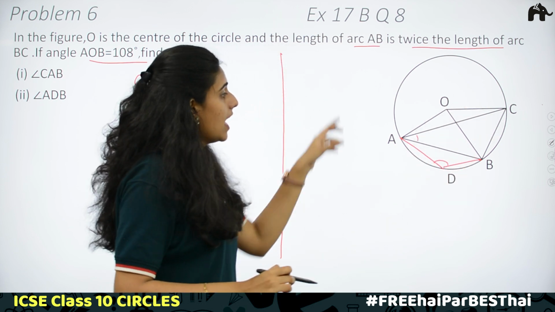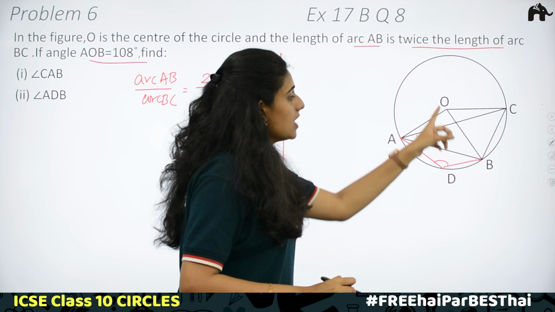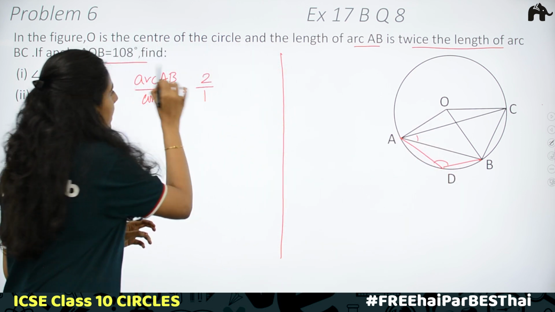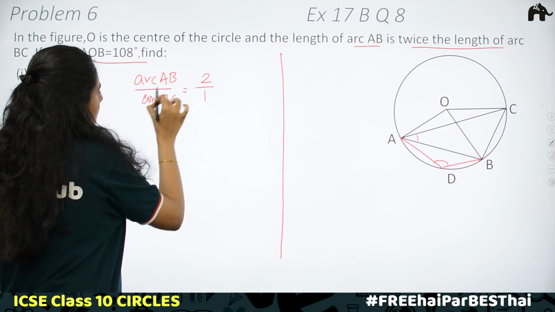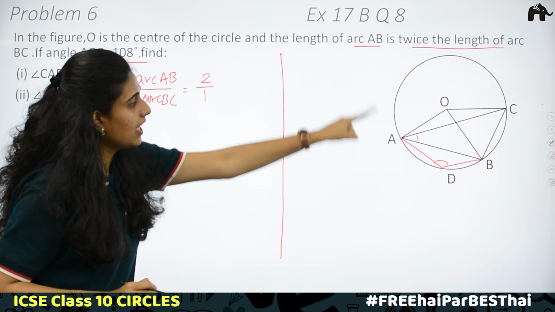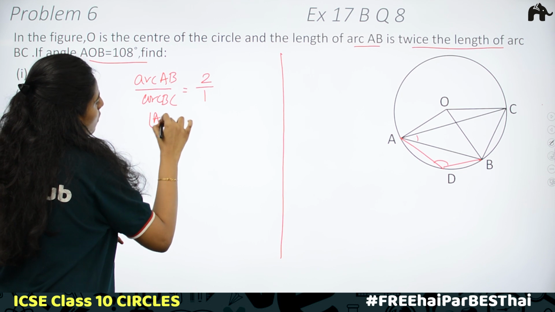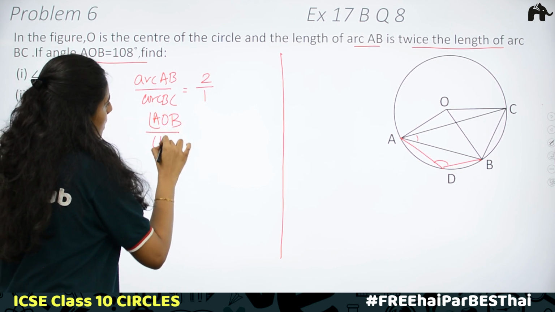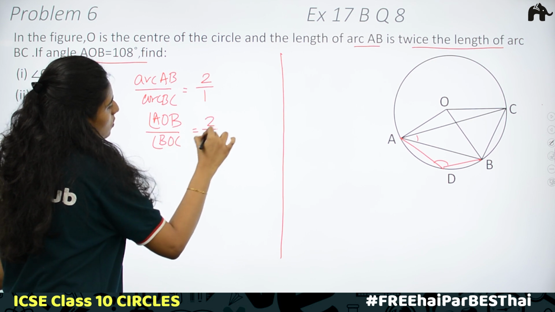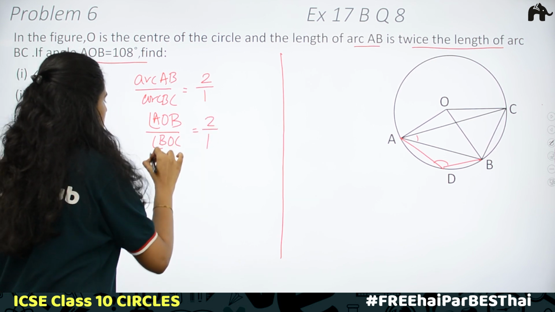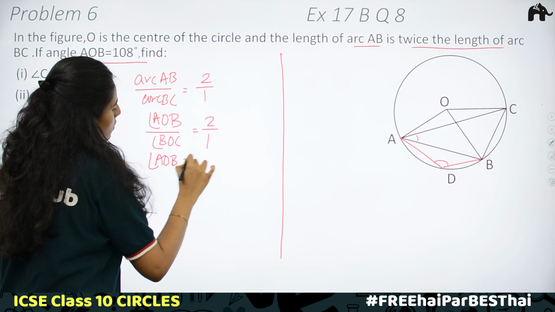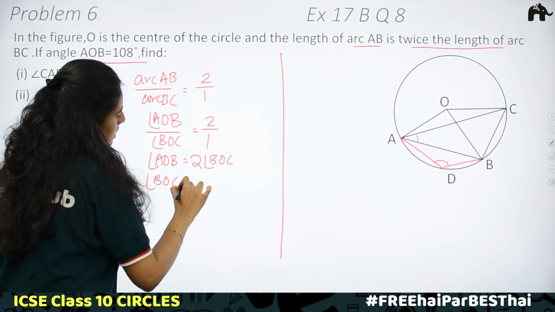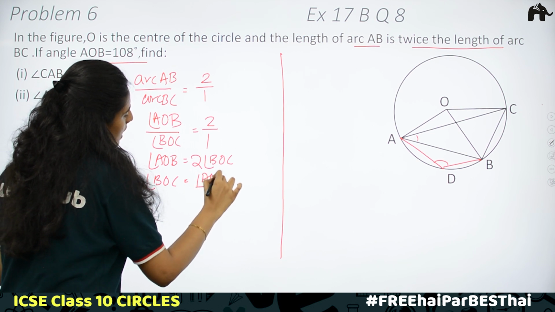The ratio of the angles subtended by arcs at the center will be equal to the ratio of the length of arcs. Angle AOB divided by angle BOC will be equal to 2 divided by 1, which means angle AOB is equal to 2 times BOC, or angle BOC is equal to angle AOB divided by 2.